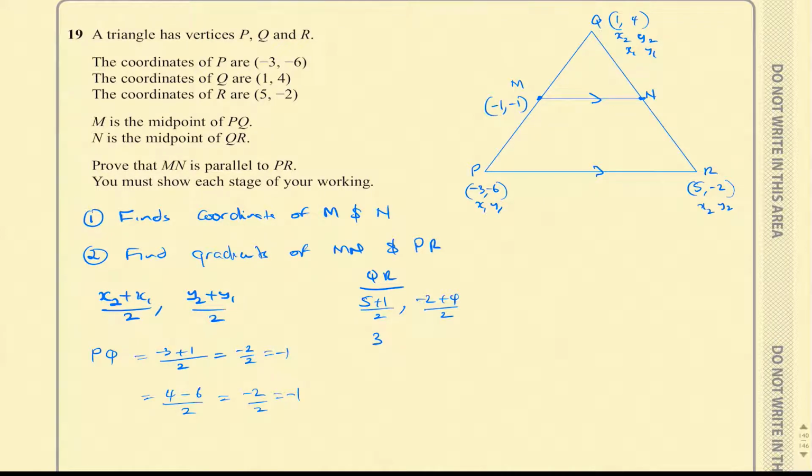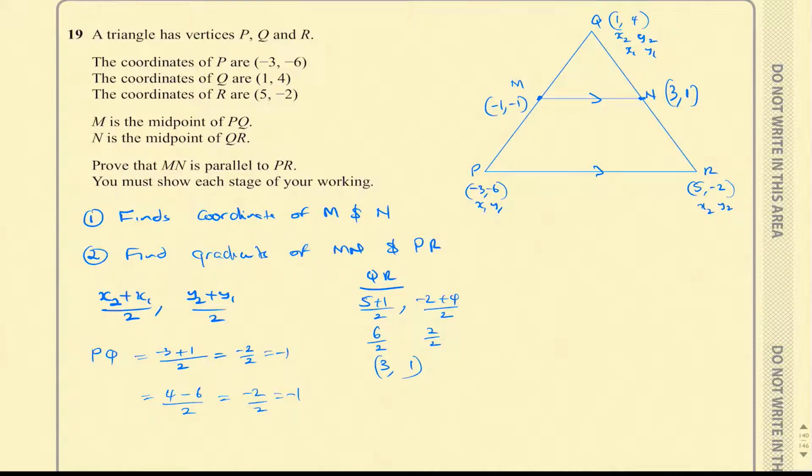That will be 6 over 2 and 2 over 2, which is 3 and 1. So the midpoint N is (3, 1). That's how I got it.